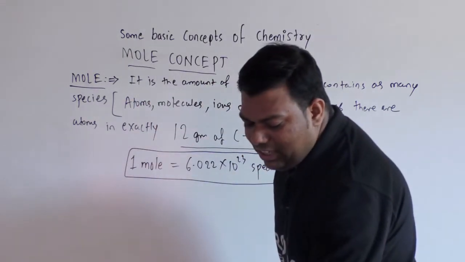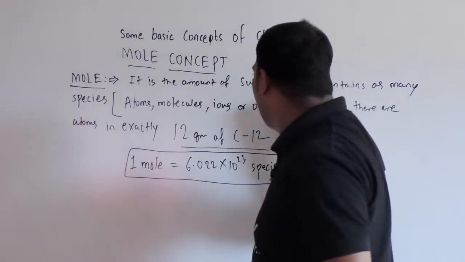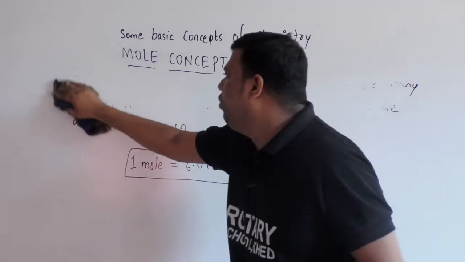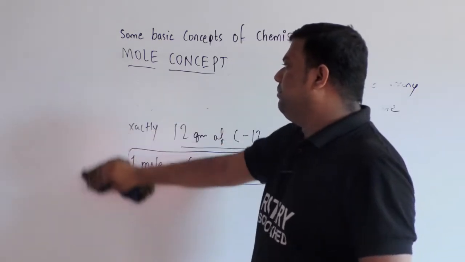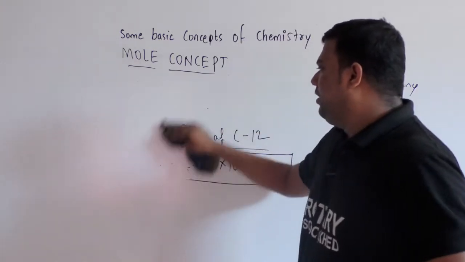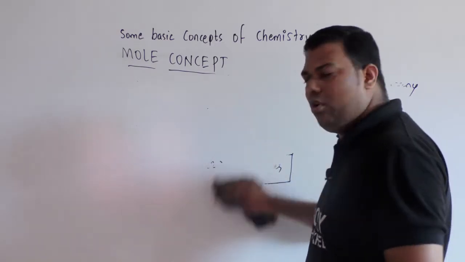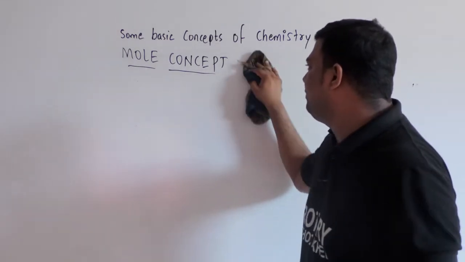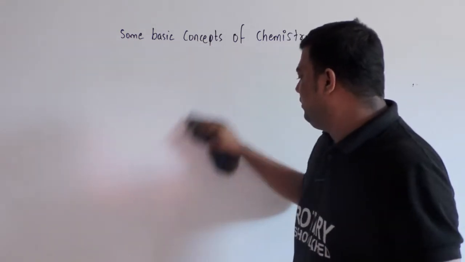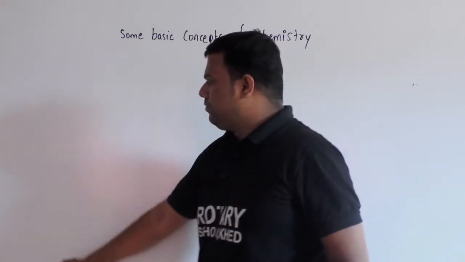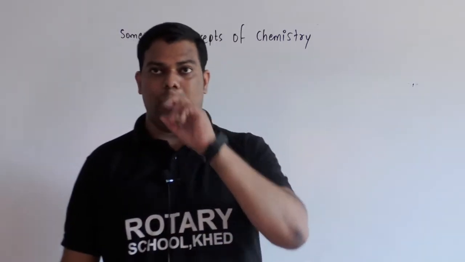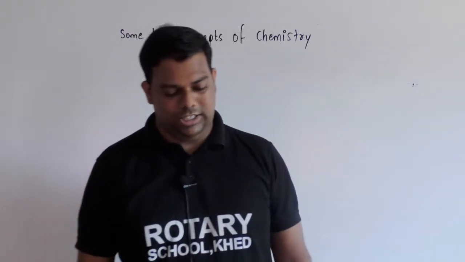Basically this mole, some students may be aware about this mole because in the CBSE syllabus in 9th standard the mole concept content is given. So some students might be aware of the mole concept.